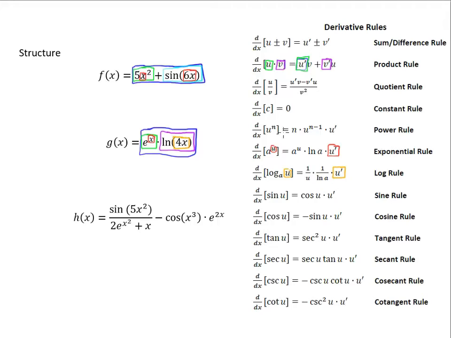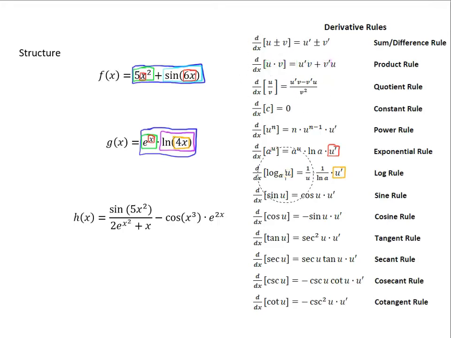Technically, it is a power rule, but we already know that the derivative of 4x is simply 4. So that finishes up that part of the log rule, which finishes up the whole log rule, which finishes up that part of the product rule, which, after we do all the other stuff as well, finishes up the product rule, and we're done. Okay, let's try one more, a little bit more scary and complex.